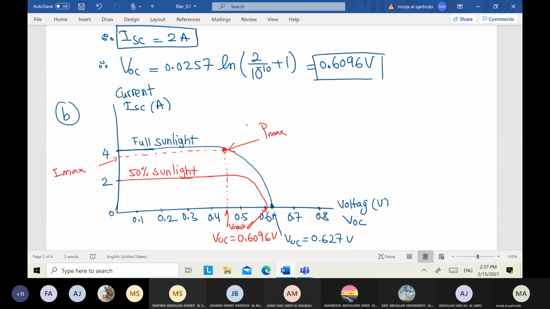So for the full sunlight curve, given I short circuit equal 4, I maximum will be less than 4. Also V maximum will be less than 0.627. So the multiplication between the two values will give the power maximum at this point. This is only a note, we'll see it in the lecture note for this week, inshallah. Okay, clear?